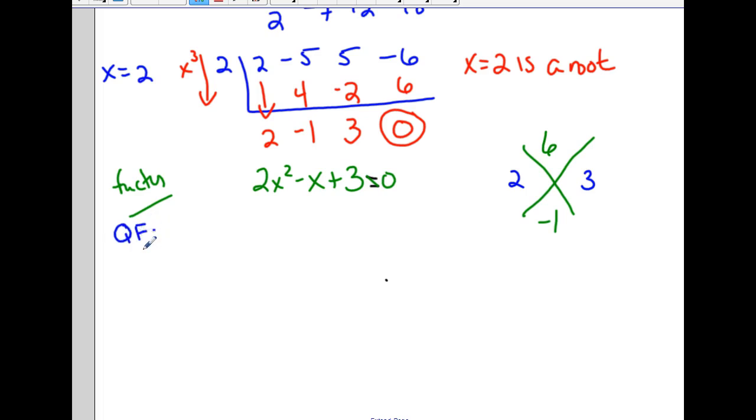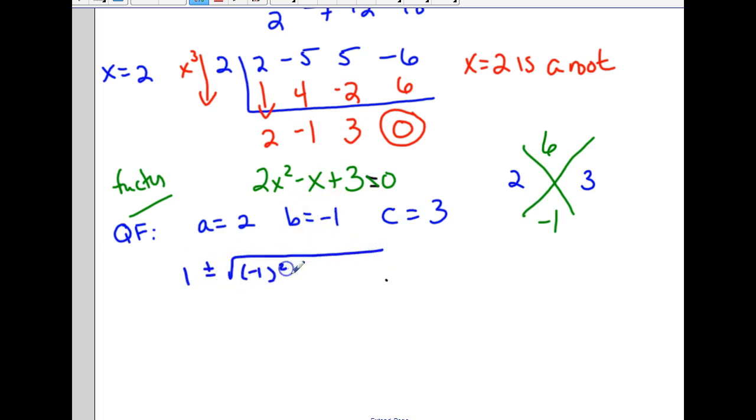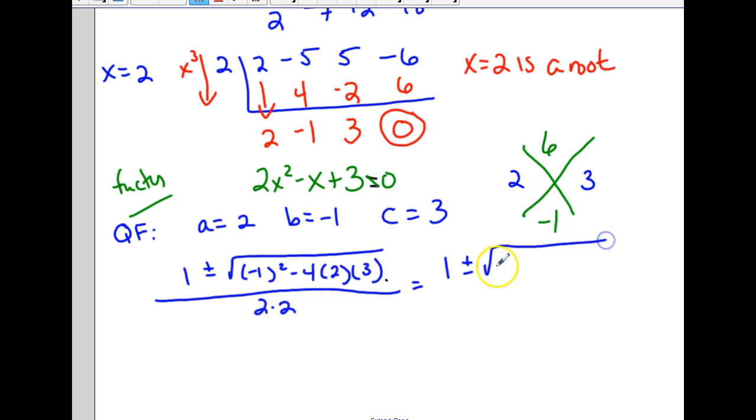That's my last bet. All right, quadratic formula, the opposite of b. So a is 2, b is a negative 1, and c is 3. The opposite of b gives me a 1. I do my plus or minus. I take negative 1 squared minus 4 times 2 times 3, and I put this whole thing over 2 times 2. Okay, so I end up with 1 plus or minus.